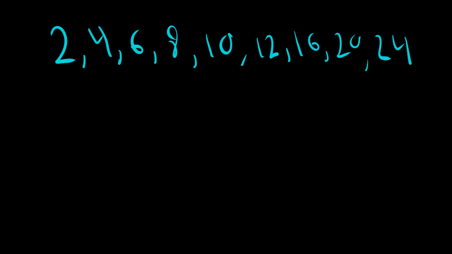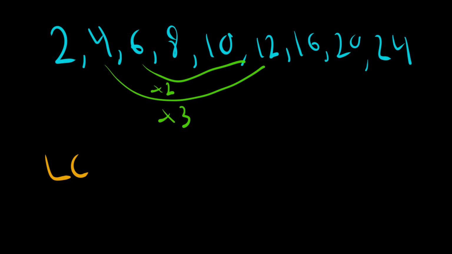Now, do you see how 2 is a factor of 4 and 6, and also 12 is a multiple of 4 and 6? So the numbers that we were comparing, 4 times 3 is equal to 12, and 2 times 6 is equal to 12.